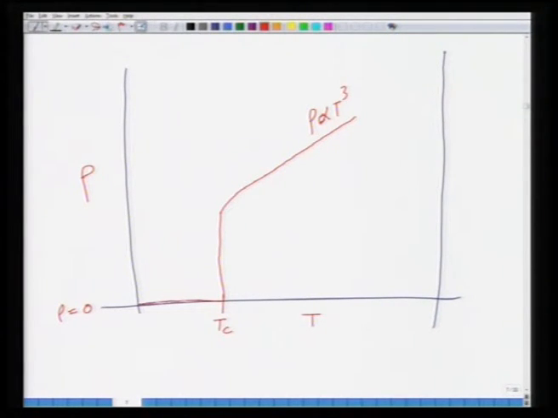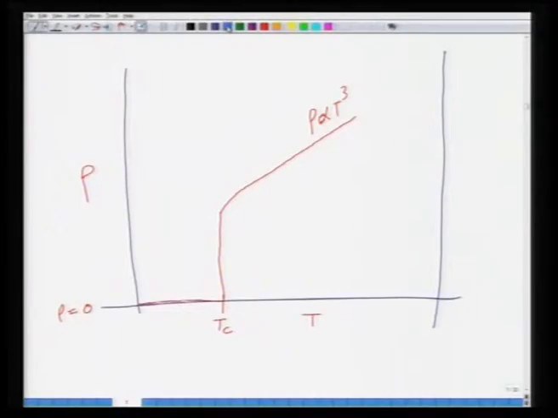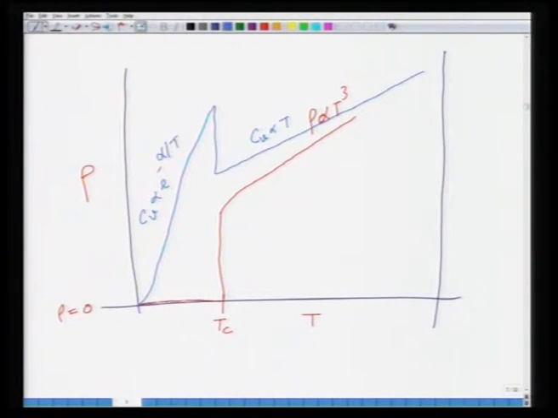But this is also accompanied by a change in the physical properties. For example, one of these is specific heat. So if I now plot specific heat, the scales are arbitrary, except that resistance is 0 below Tc. The specific heat follows a linear relation, Cv is proportional to T, at temperatures above Tc, but below Tc it follows a behavior which is exponential of minus alpha by T. This alpha is some constant which depends upon the material.